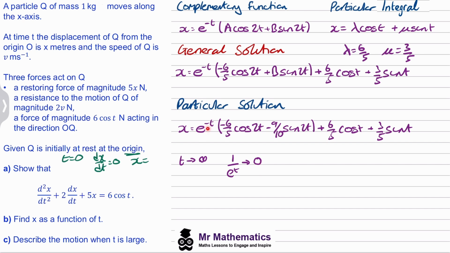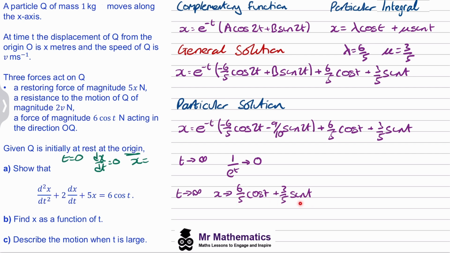So if e to the negative t becomes 0, all of this becomes 0. So what we're left with is this bit. So when t tends to infinity, x will tend to 6 over 5 cos of t plus 3 over 5 sine of t. And the question is, what will this tend to?